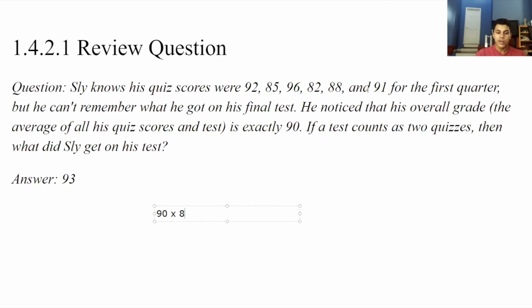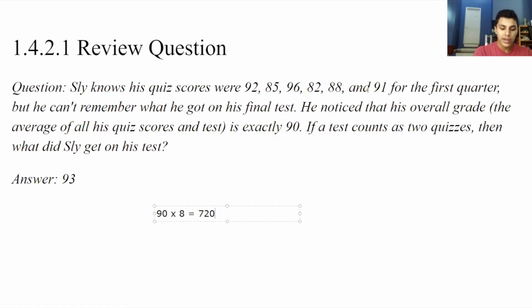So if we're counting 1 quiz as 1 piece of data, then a test also counts as 2 pieces of data, which gives us 6 quizzes plus 1 test, which is 2 pieces of data, and that's 8 in total. So 90 times 8 is 720. So 720 is the sum of all the pieces of data for this set.